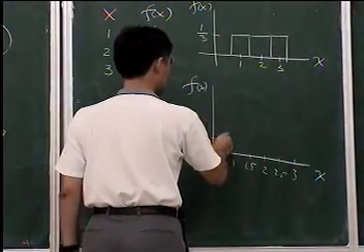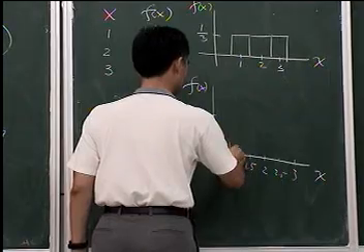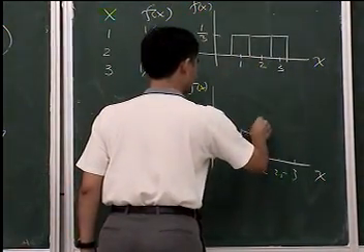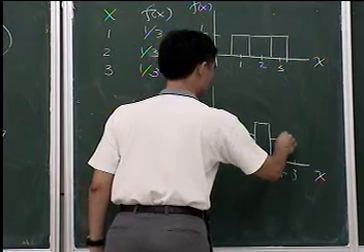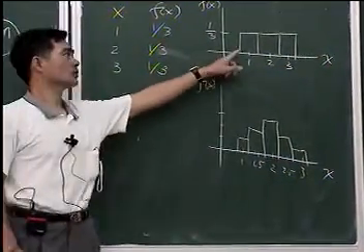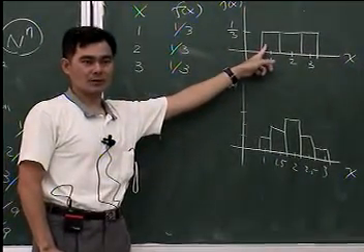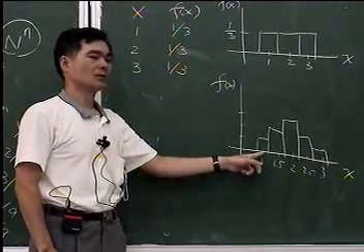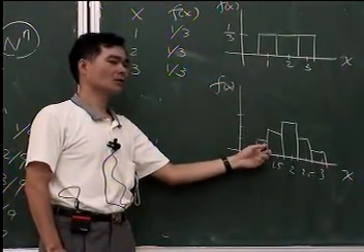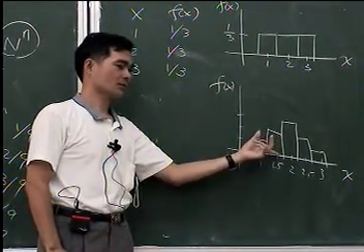This is the population, right? And this is a sample. So what do you get? This one is uniform distribution, but this one looks like this, okay?